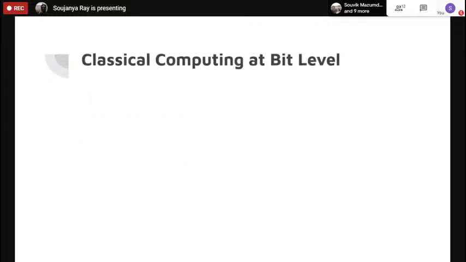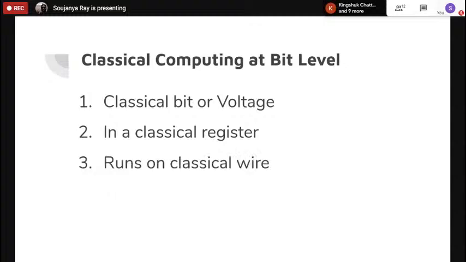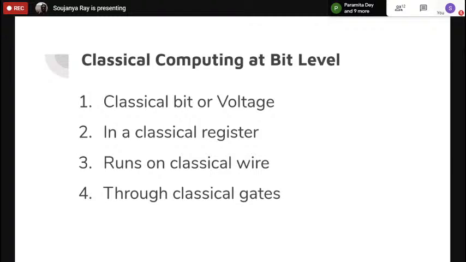Now, what is a classical computer at a bit level? At a bit level, classical computers are classical bits or voltages that run on classical wires, that are stored in classical registers, and run through classical gates. So if you see a classical computer at a very fundamental bit level, it is these 4 things. A 0 is represented by low voltage and 1 is represented by high voltage.